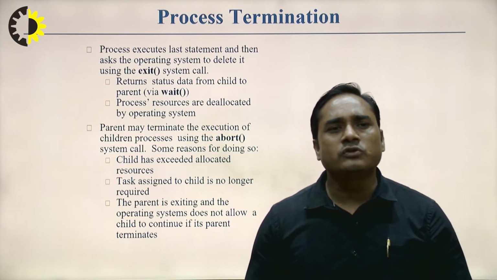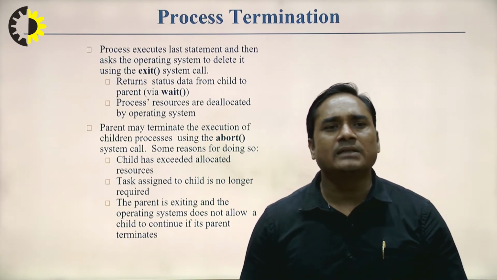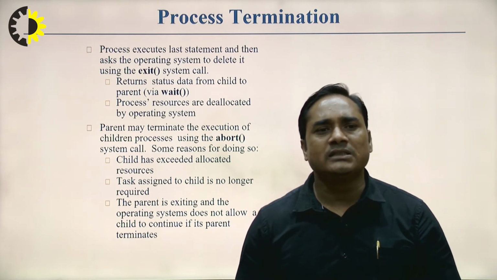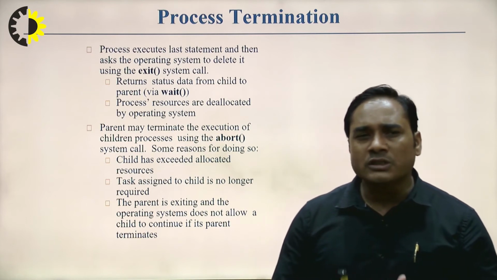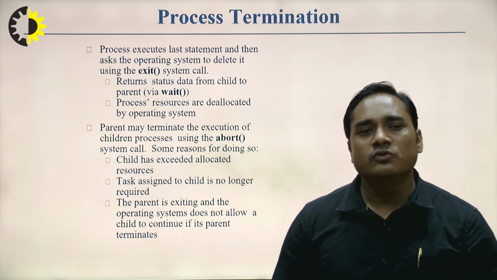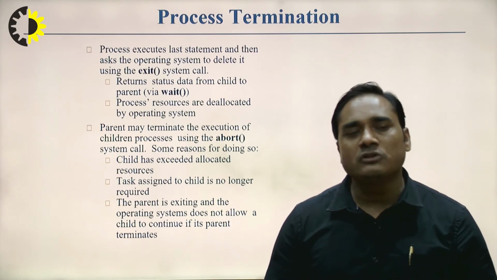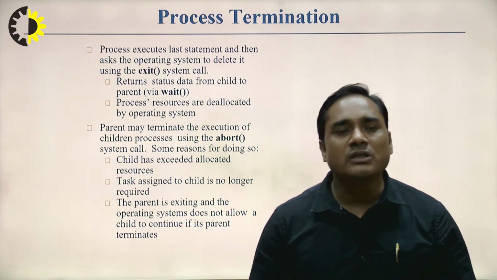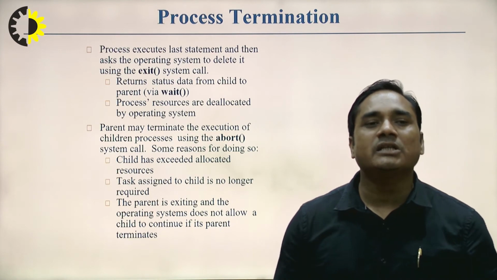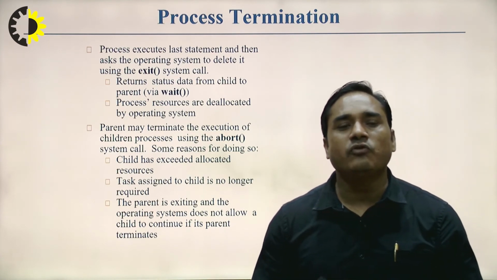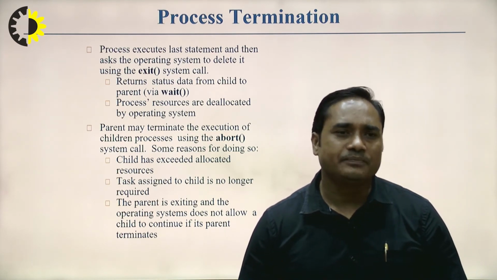The process executes its last statement and then asks the operating system to delete it using the exit system call. A process will terminate only after it finishes its work, or you can say the process exits its state, and then the process moves to the termination state.